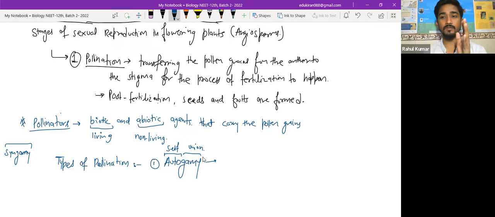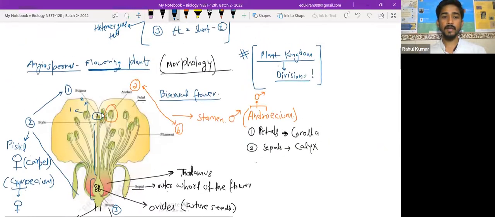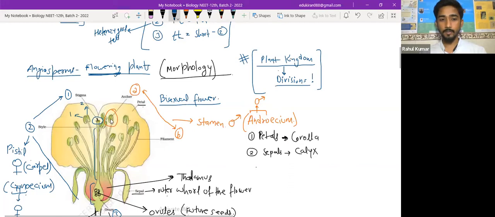If it is a bisexual flower, the anther of the same flower is able to fertilize the pistil of the same flower, correct? Pollen grain from the anther of the same flower, like the example here. You see, this is a bisexual flower. So if a pollen grain comes out from here, it can just land here, right?